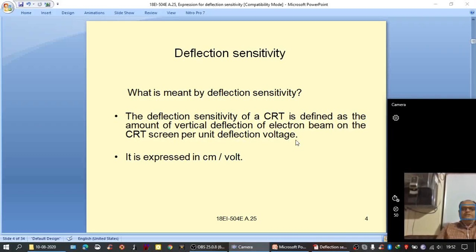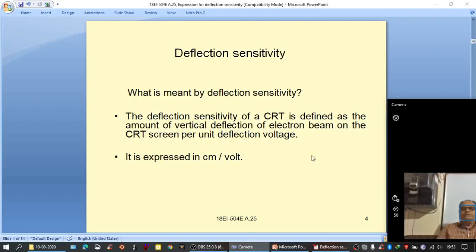That is, when a unit deflecting voltage of the applied input signal is applied, how much the electron beam will move in the vertical direction.